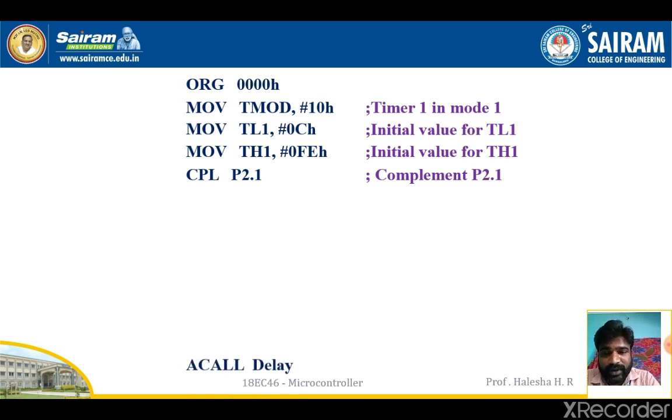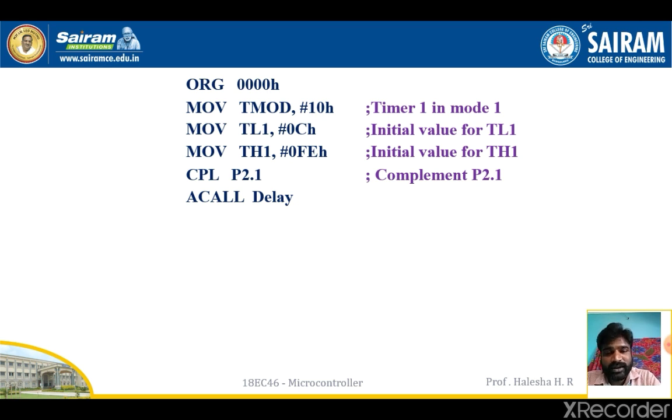For the delay, we use the subroutine concept. We use ACALL delay. ACALL means absolute call. Absolute call means the program memory is divided into 2K pages, and the instruction which calls the subroutine as well as the subroutine should be within the same 2K page.